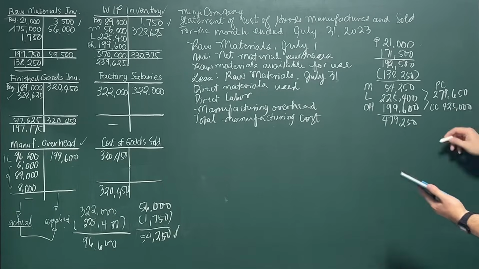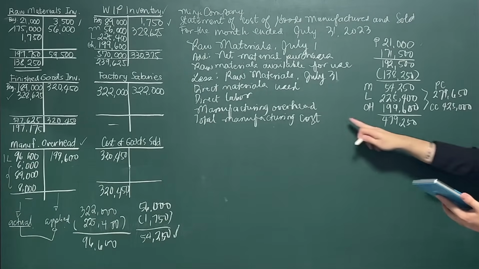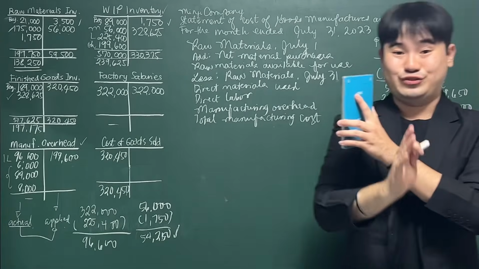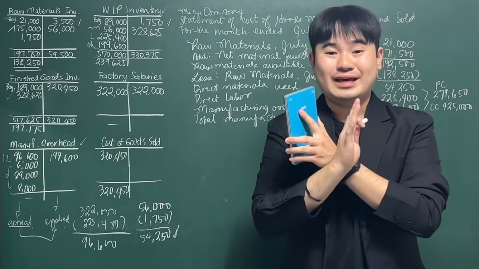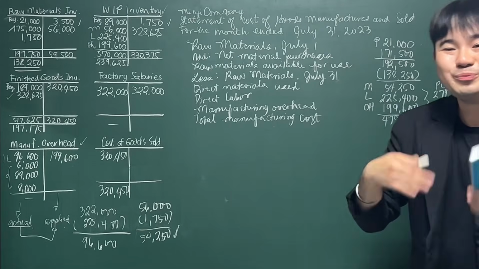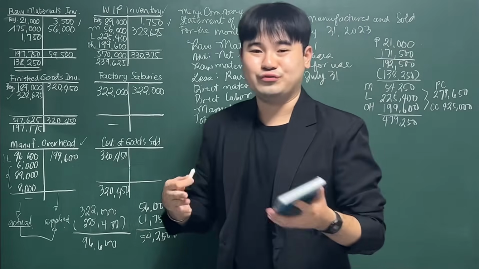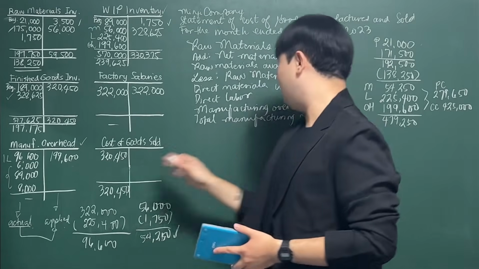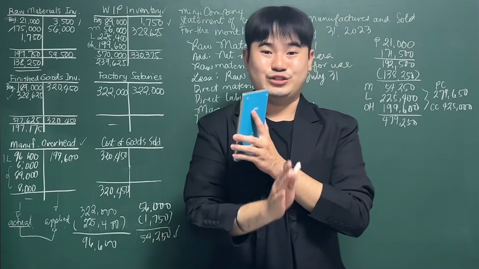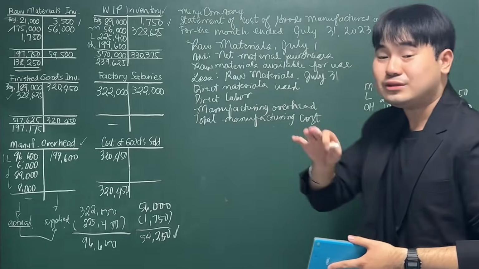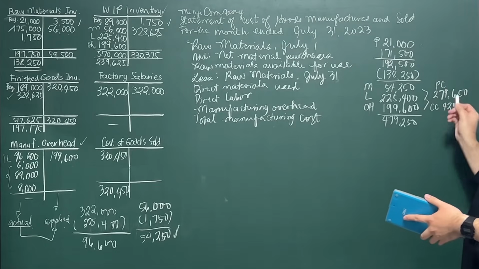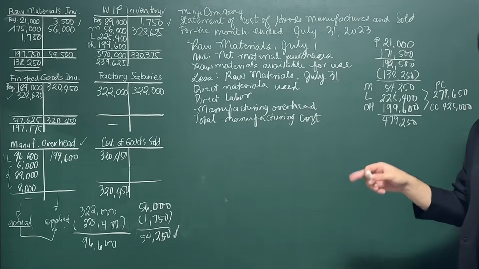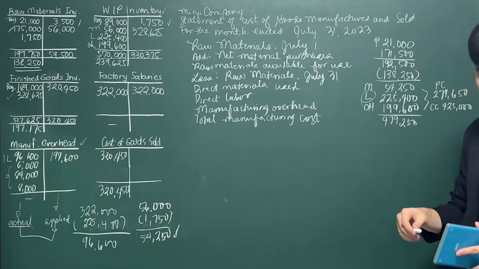425,000. Prime cost plus conversion cost equals total manufacturing cost. That is false. Okay? That is wrong. Again, when a true or false question asks you prime cost plus conversion cost equals total manufacturing cost, that is false. Why? If you add together your prime cost and your conversion cost, you will double your labor amount.